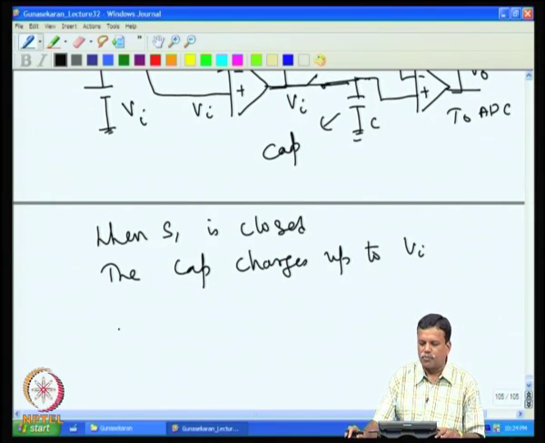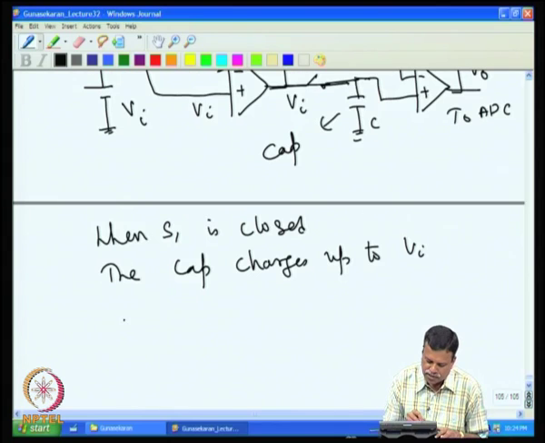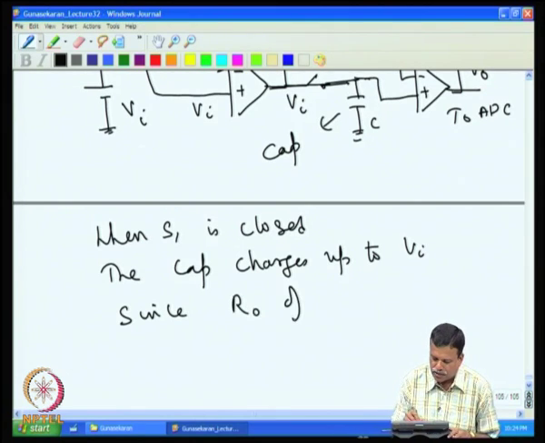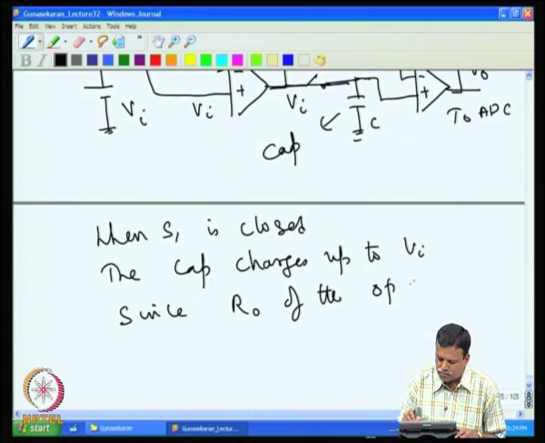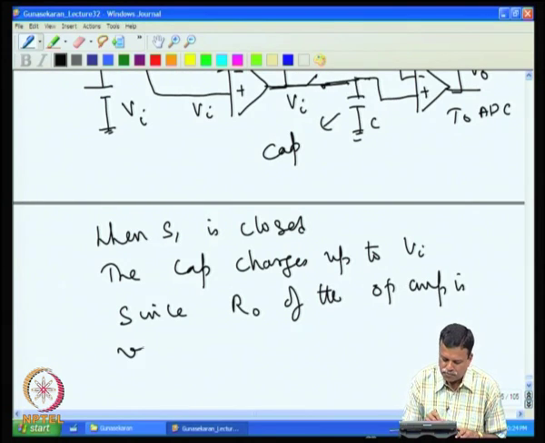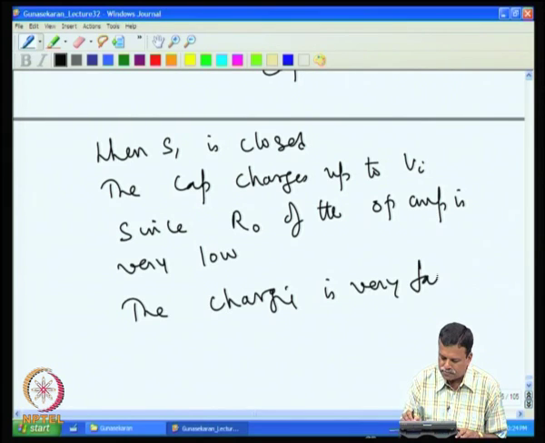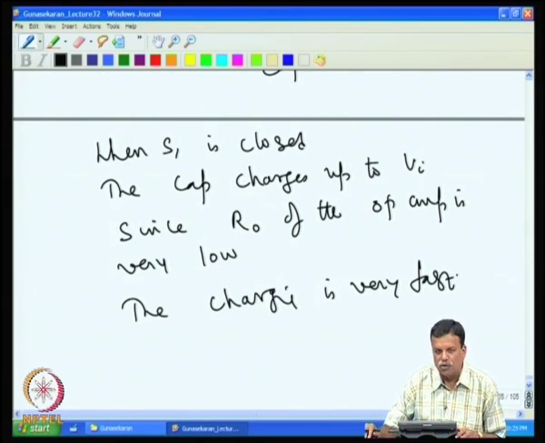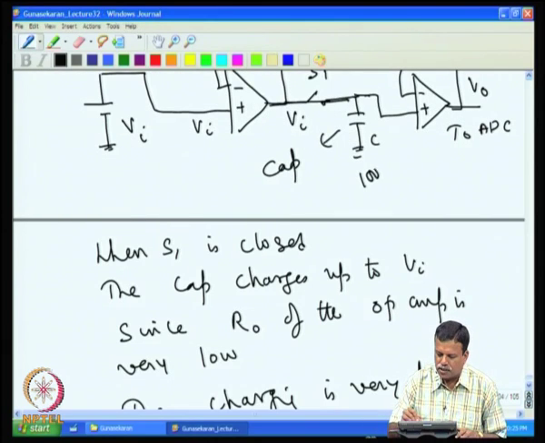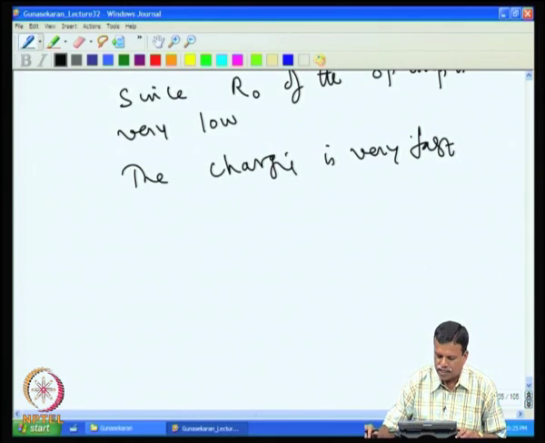This needs some time to charge up, but the output impedance of the op amp, R0, is very low, so the charging is very fast. With a few milliohm resistance and a capacitor of less than 1000 pF, it charges up in a fraction of a microsecond.